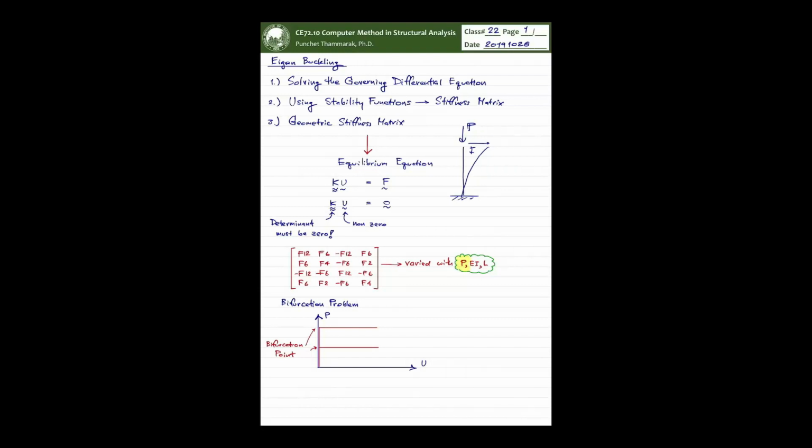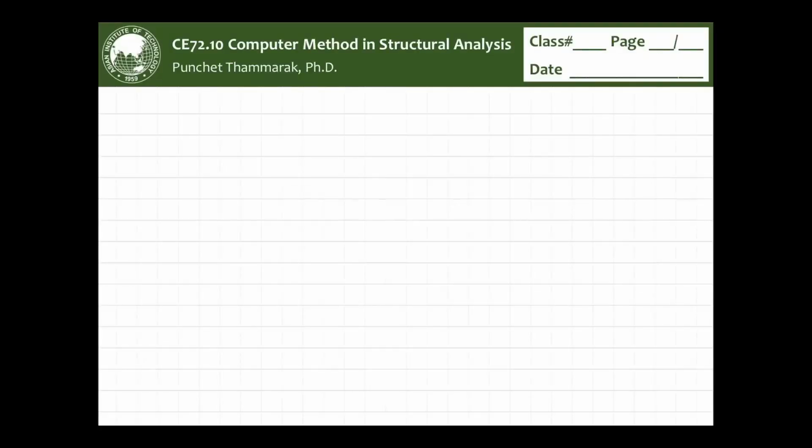And that seems to be quite troublesome during the calculation. Sometimes your function is not well arranged, and then you have some sort of jumping of the function value. So it's not so friendly for computer structural analysis, especially in computer programs for commercial use. They use the geometric stiffness matrix more.